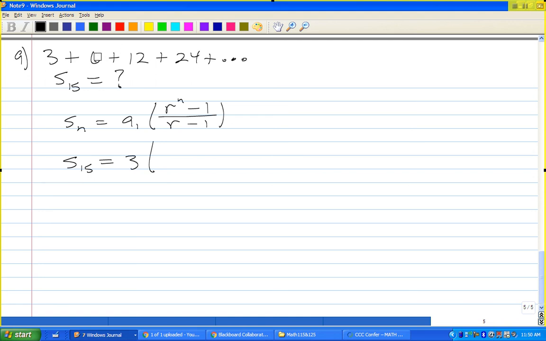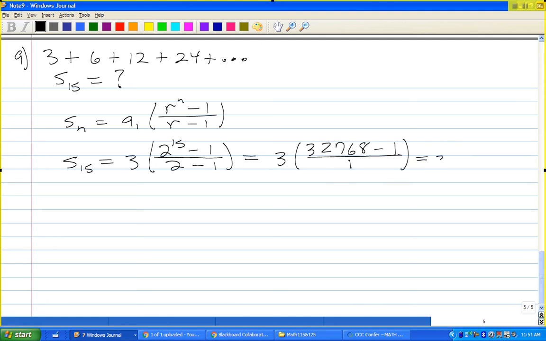Notice that the common ratio is 2, because I keep multiplying by 2 to get to the next term: 3 times 2, 6 times 2, 12 times 2, 24, etc. Let's simplify this. 2 to the power 15 is 32,768. 2 minus 1 is 1.